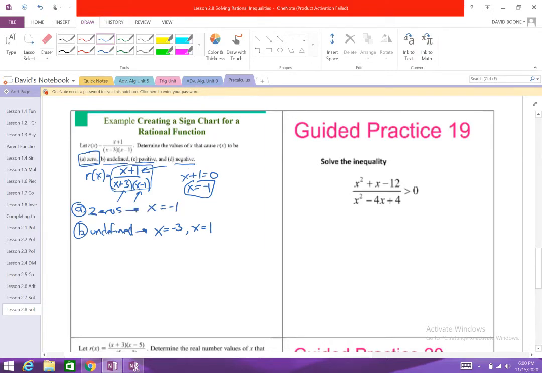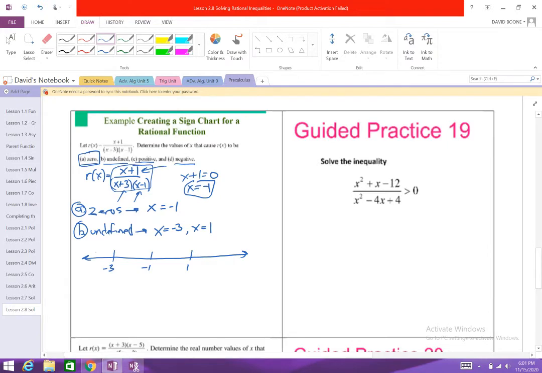Now where it's positive and where it's negative, again, that's where I'll draw the little test points. I've got these test points now at where it's 0 and where it's undefined. So if I put them in order here, -3, -1, and 1, I'm going to test these different areas to see where it's positive and where it's negative on either side of these undefined or 0 spots.